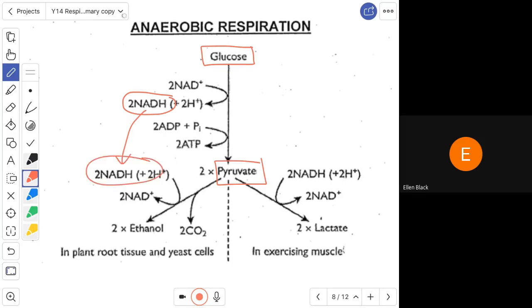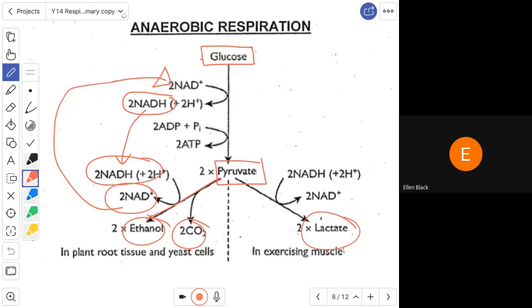It's come from there, and it's being regenerated, and so that then becomes that molecule there, and that will allow glycolysis to continue in the cell. Pyruvate, ethanol, carbon dioxide, or lactate. And again, that's your NAD. So plant roots and yeast, exercise and muscle. Hopefully that makes sense. Any questions?